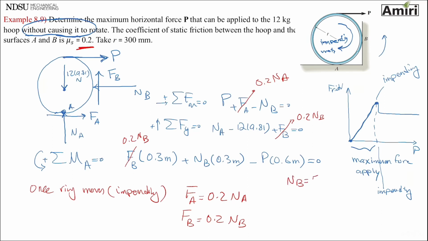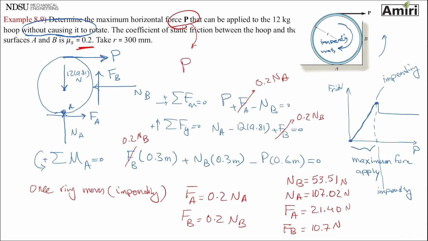NB results in 53.51. NA will be 107.2. FA will be 21.40. FB will be 10.7. And the most important one that I was after is going to be 32.1 Newton.